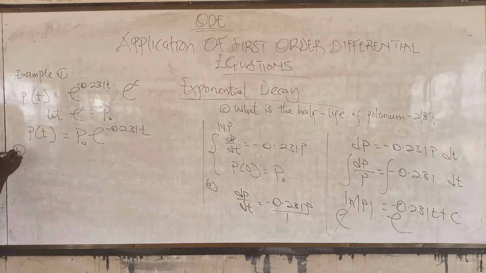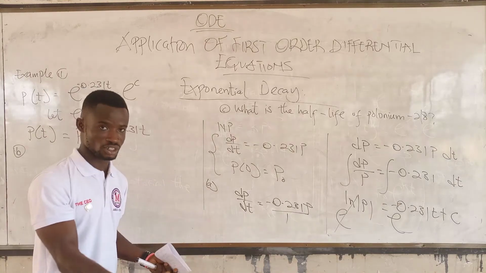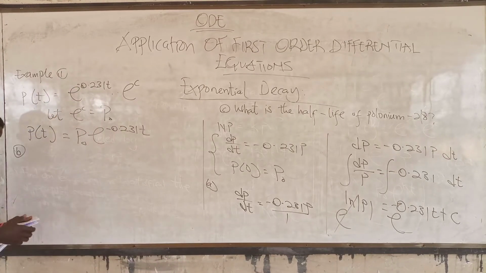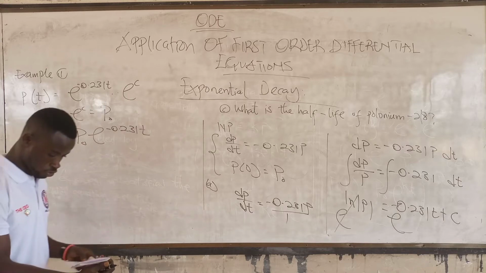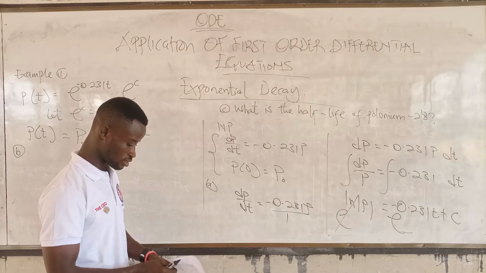So for the B part, we always use the equation to continue. The question is straightforward. Let me go back and read again.